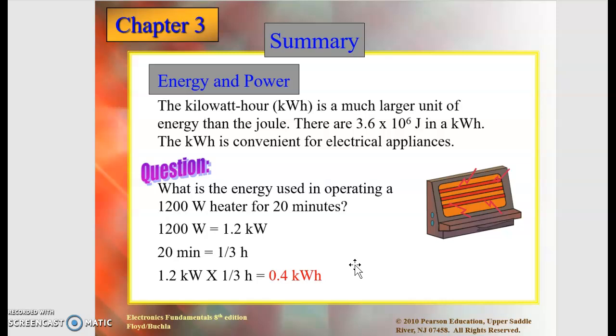So don't get thrown off by the fancy kilowatt hour. It just means 1,000 watts times hour. That's all it means. We are going to do an example right here so you can understand what it means. They say there are 3.6 times 10 to the 6 joules in 1 kilowatt hour. So that is the exchange rate that you can use.